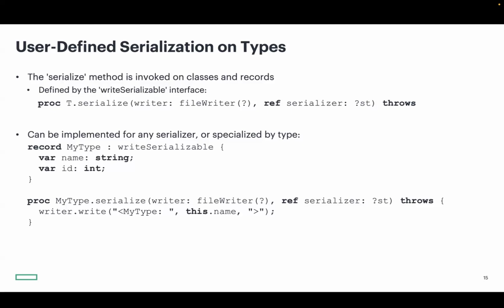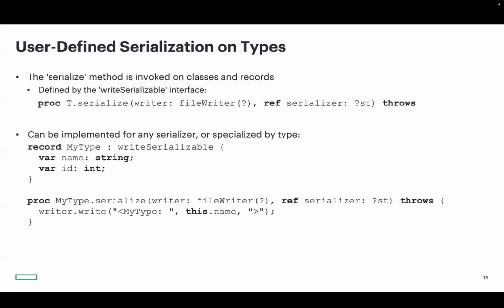In the example serialize method here, it just writes this with angle brackets. It says it's a myType, and for whatever reason we say it just wants to print the name. And this will apply for any and all serializers that try to serialize myType.